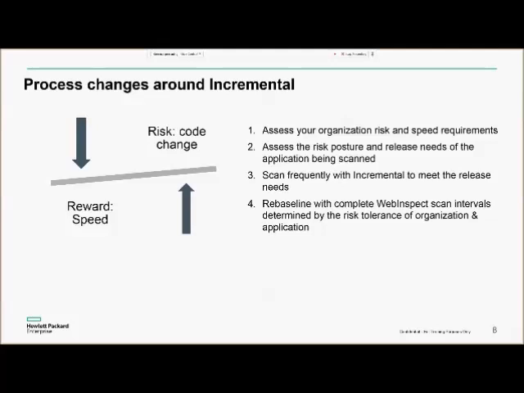With that frequency or pace, they could, for example, scan an application more frequently with incremental, and on a regular basis, which is again defined by the risk posture, re-baseline the entire application by scanning it through a deep thorough mode. So that's how organizations can benefit from incremental.